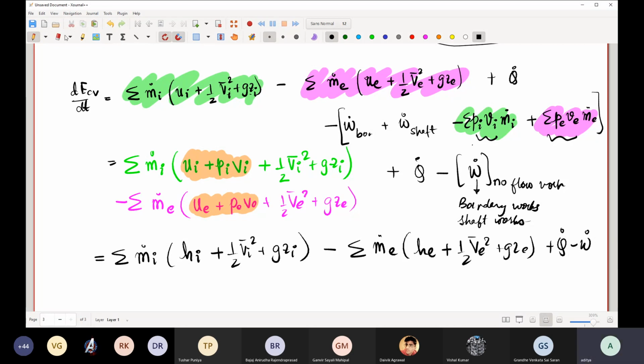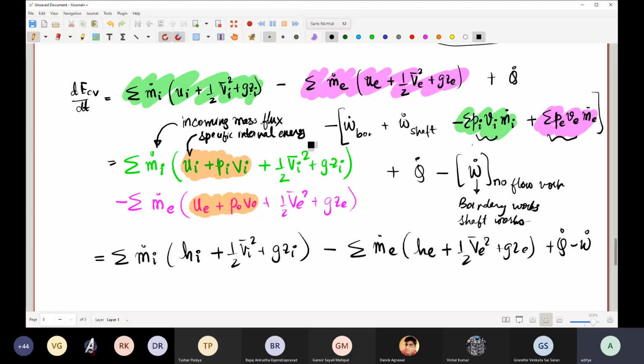I am going to repeat this again for the benefit of everyone. The incoming flow, let us analyze this term. Listen to this very carefully. The incoming mass flux is bringing along with it some specific internal energy.